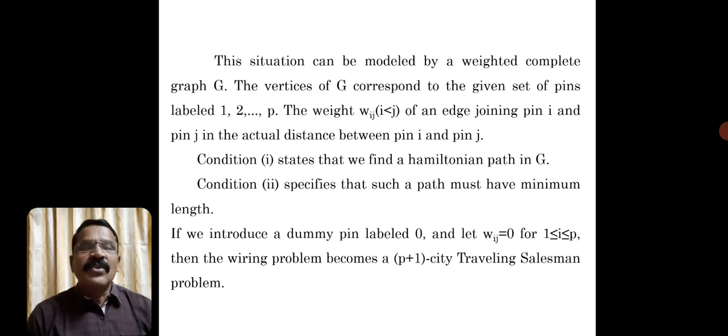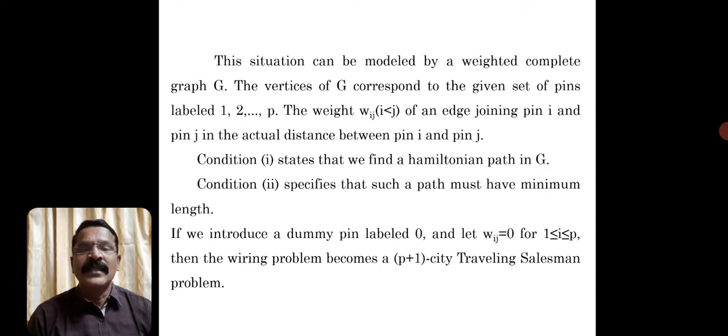Now condition 1 states that we find a Hamiltonian path in G. What do you mean by Hamiltonian path? Starting point is different, ending point is different, but it contains all the vertices of the graph.